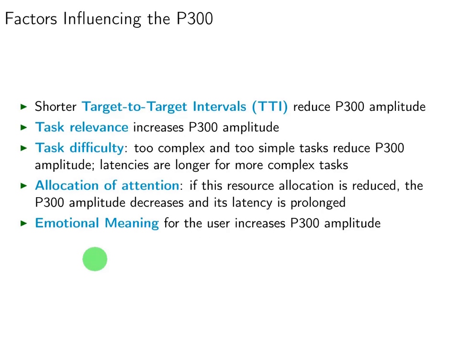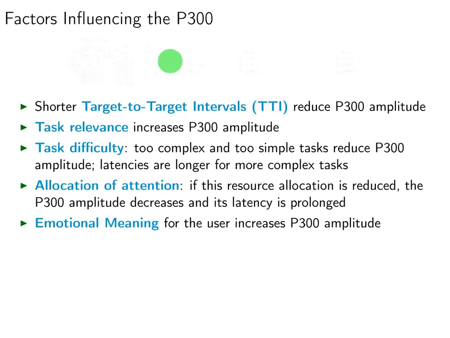In order to be able to obtain features that represent standard versus deviant, they should be strongly separable in terms of some amplitude features or some frequency features. What research has shown us is that shorter target-to-target intervals, which we refer to as TTI, matter. Target-to-target interval means that when we present stimuli to the user, we will have a randomized sequence of target, non-target, target, non-target events.